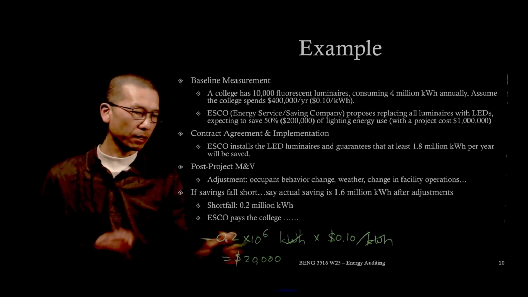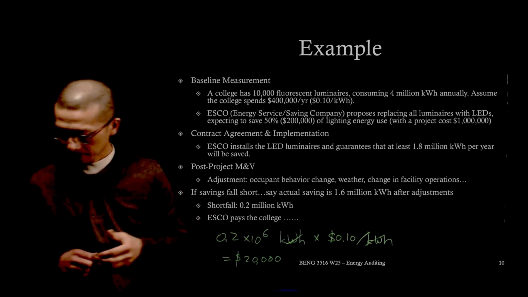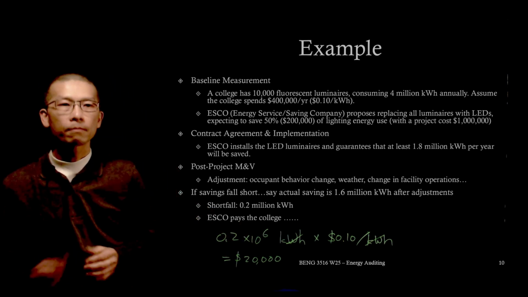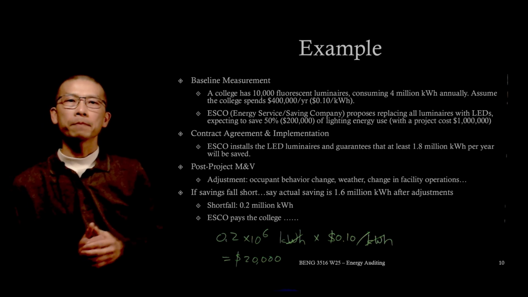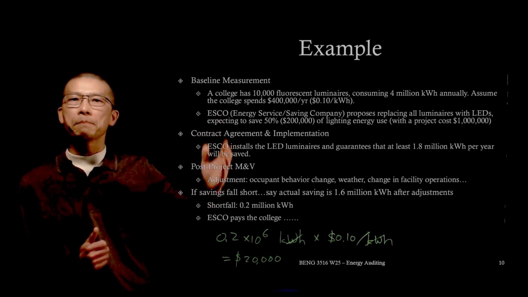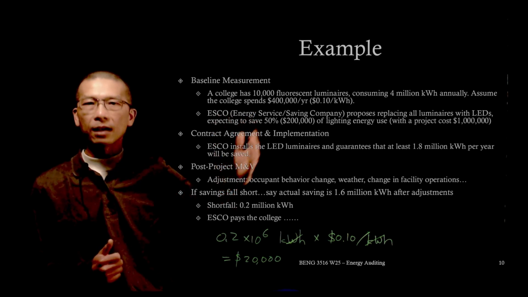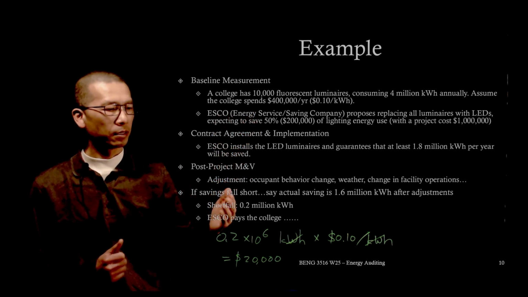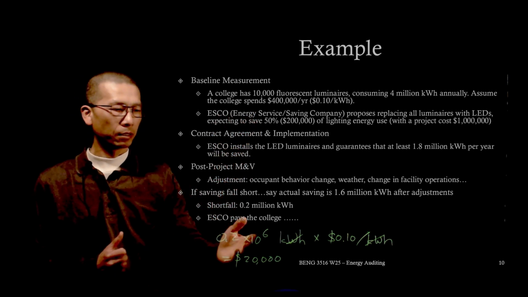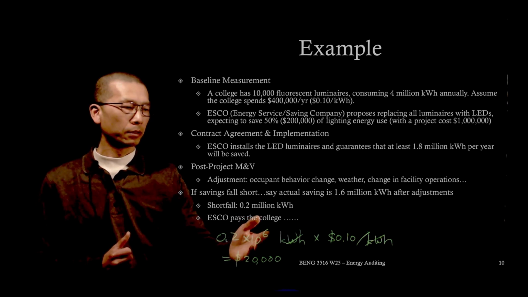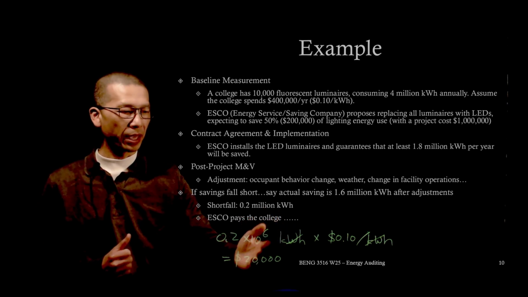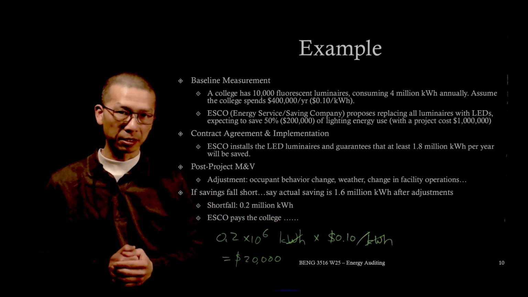So check my calculation there. Okay. So based on the contract and the MNV procedures, with the baseline, the adjustment, and the difference, the project provider will pay the college $20,000.